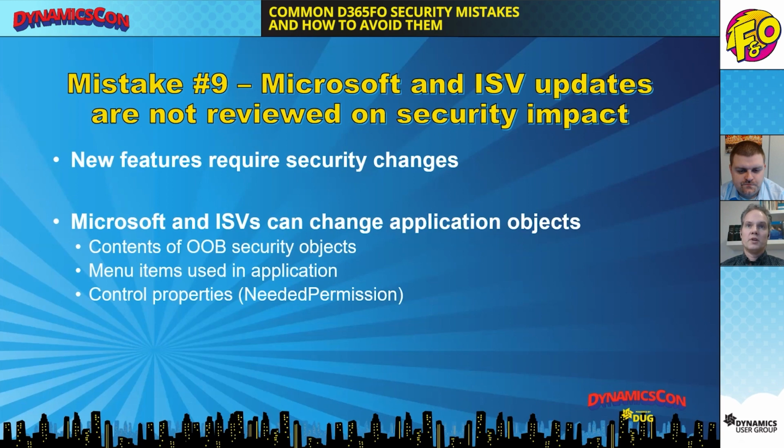So ensure you do an impact analysis and make sure the users also test if they can access all of their objects like they were used to in the past. And also one of the examples I noticed in the past, there are some form control properties where a needed permission is sometimes set, sometimes not.